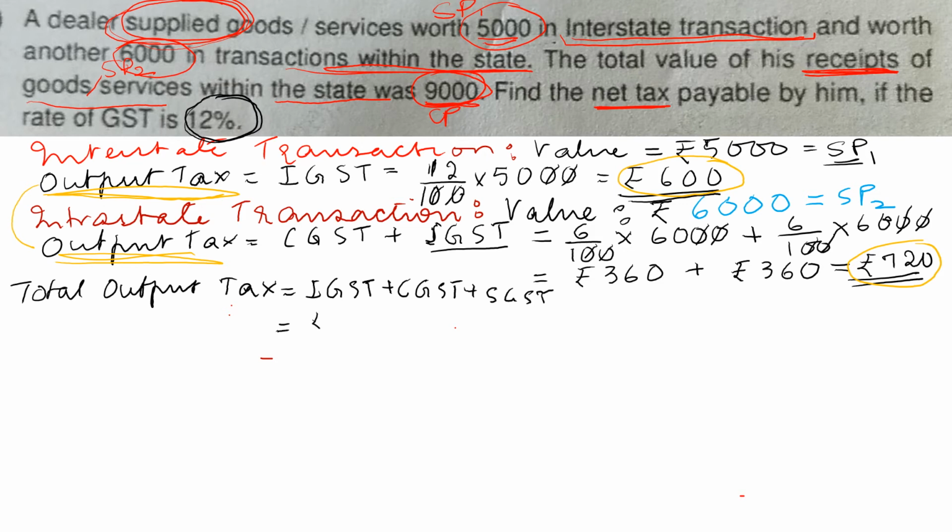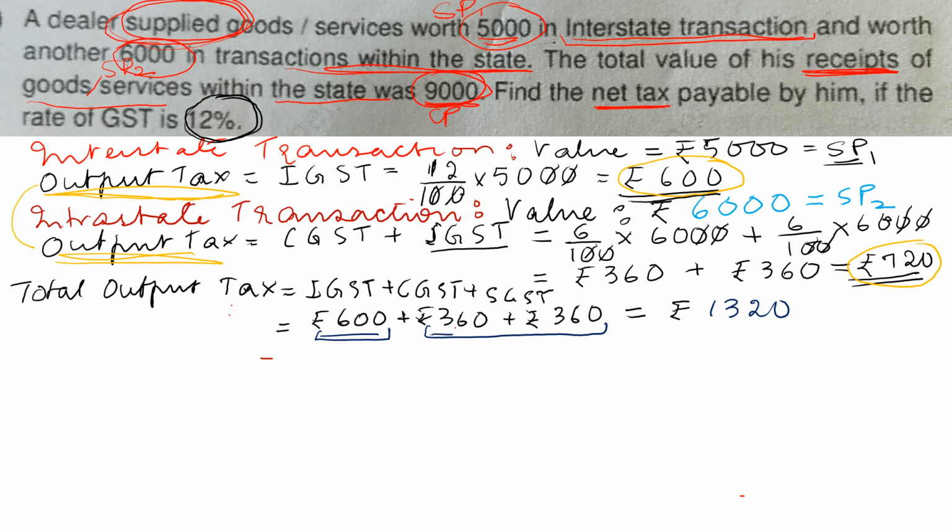That will be rupees 600, which we calculated earlier, and CGST and SGST are rupees 360 each. So now that becomes rupees 1320, which is this part plus this part.